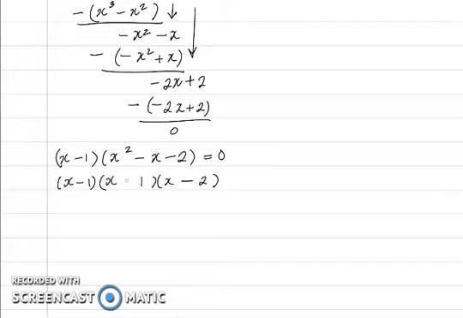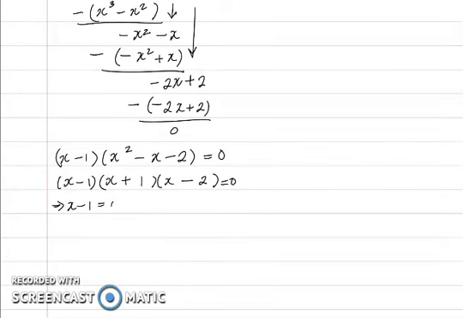This is negative and this is positive. That's equal to 0. So therefore, x minus 1 is equal to 0, or x plus 1 is equal to 0, or x minus 2 is equal to 0.